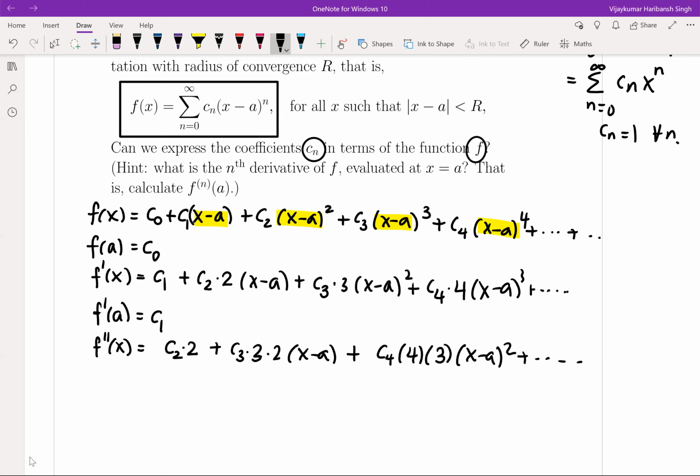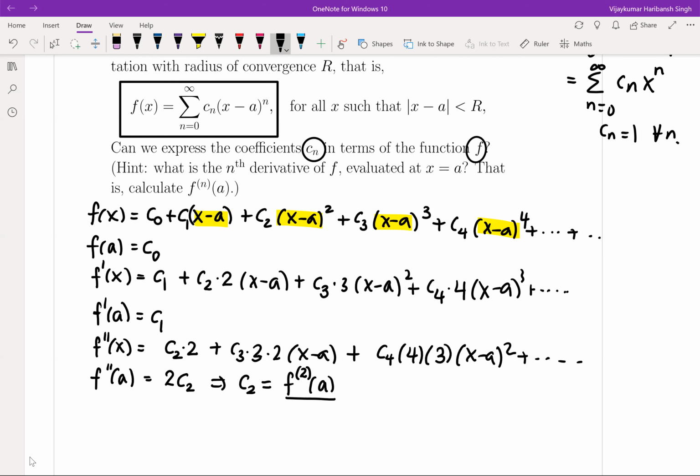These terms have x minus a in them. So if you look at this, f double prime at a is going to be 2 c2. This would mean c2 equals f double prime of a divided by 2. Now instead of double prime, I'm going to write this in a different notation.